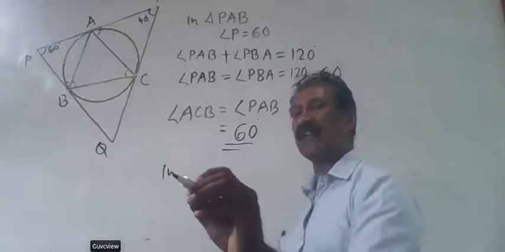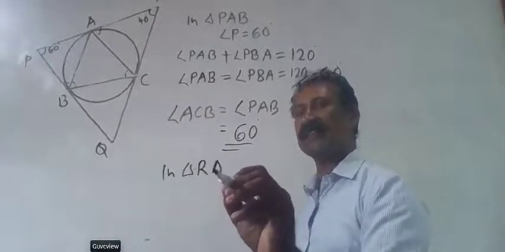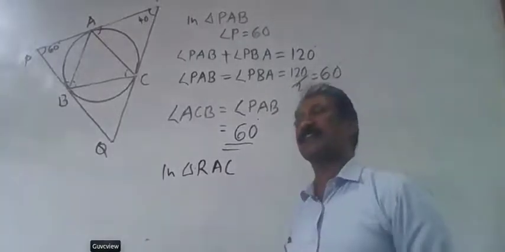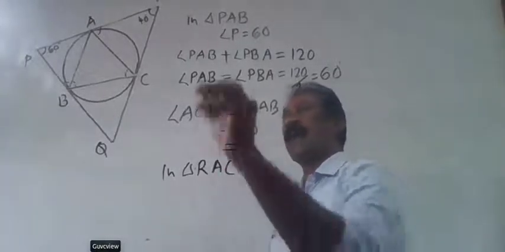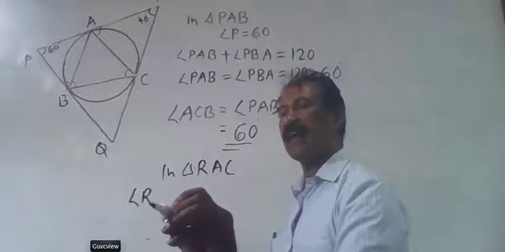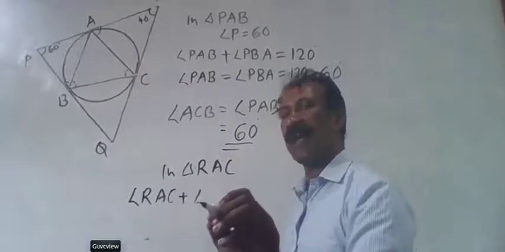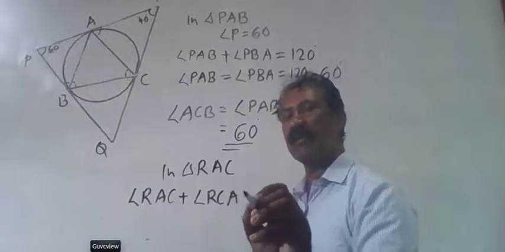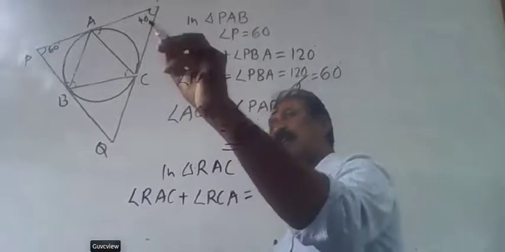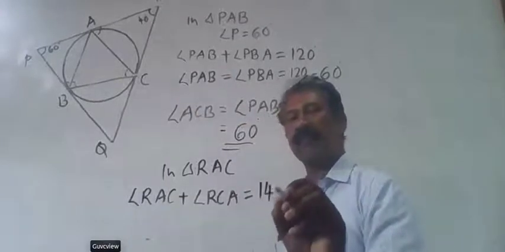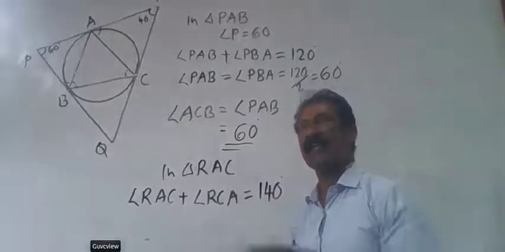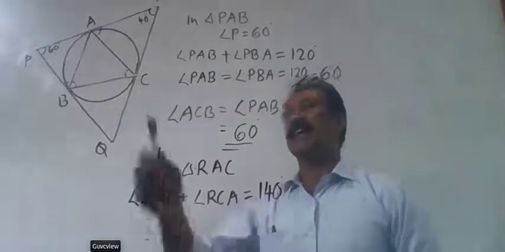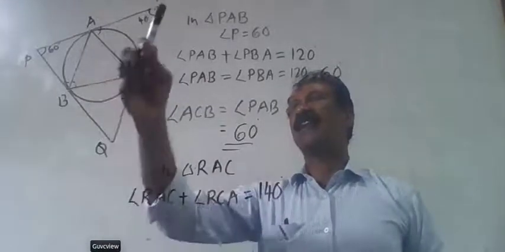Then you consider triangle RAC. In triangle RAC, similarly, you can find this angle. Angle RAC plus angle RCA, with angle R equal to 40 degrees. Therefore, the remaining sum is 140 degrees.